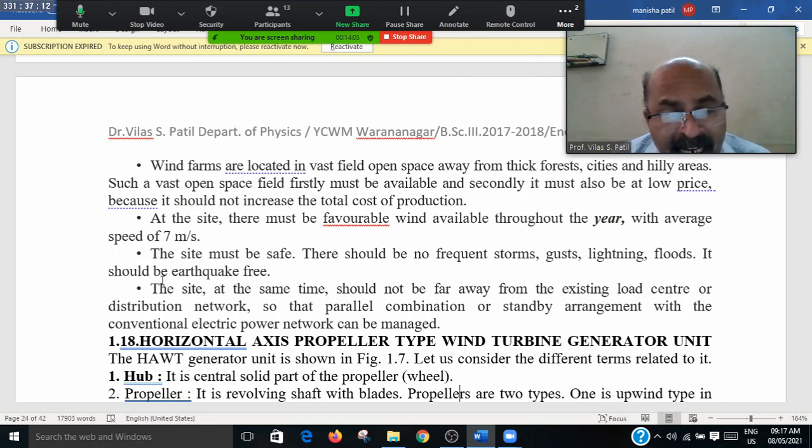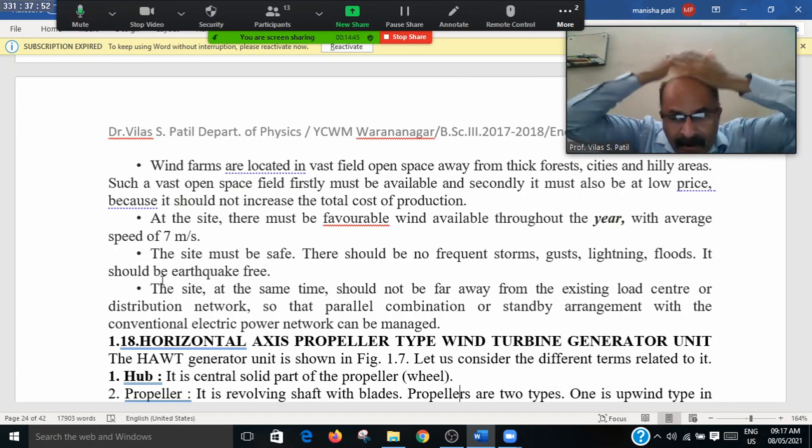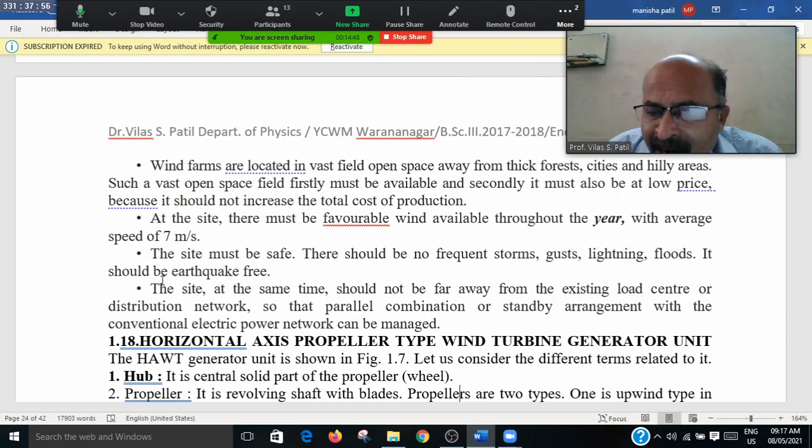The site at the same time should not be far away from the existing load center or distribution network, so that the parallel combination or the standby arrangement of standby wind generation can be used when the wind speed is low, for example in summer mornings, noon or at night.